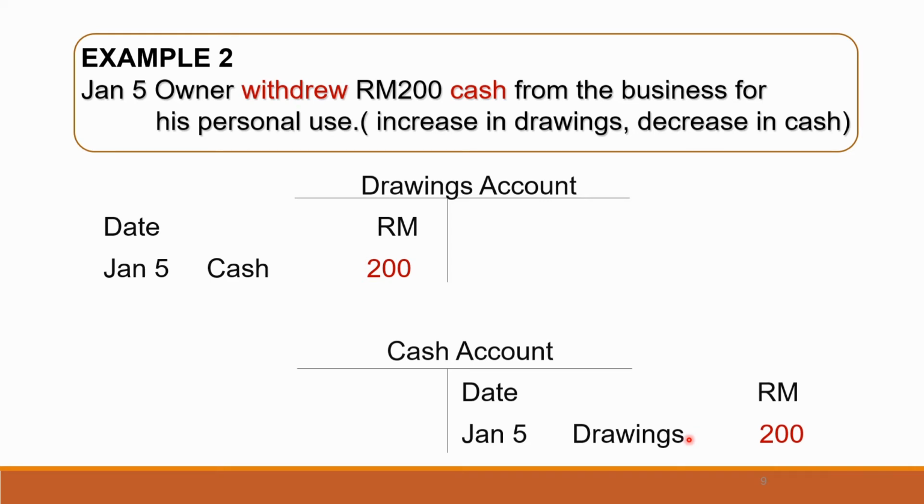So there is a decrease in asset, we must record it in the credit side. So debit drawing account, credit cash account, and the details relate to the next account, relate to the double entry account. So for the drawing account we just write down cash, and for the cash account we just write down the details drawing.